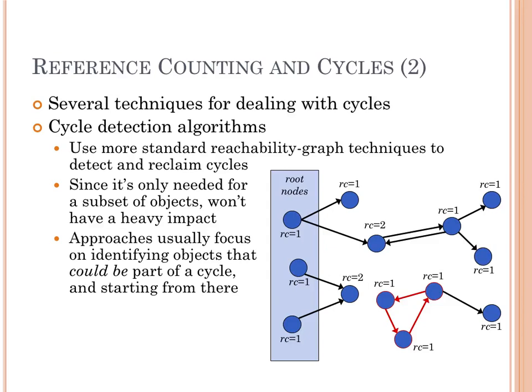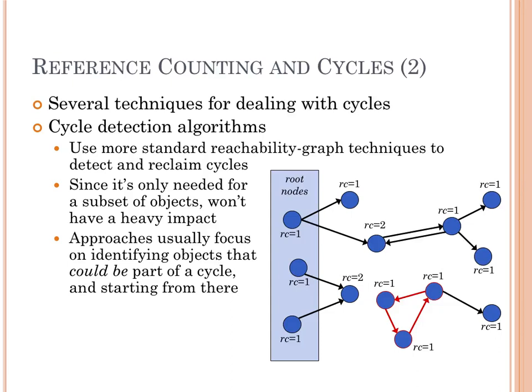Okay? And so the premise is that since I'm doing this infrequently to identify cycles of objects, which hopefully will not happen frequently, then this won't be very high overhead. Okay? This is what Python does.